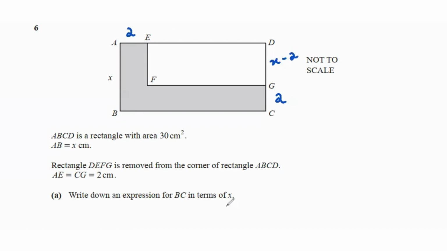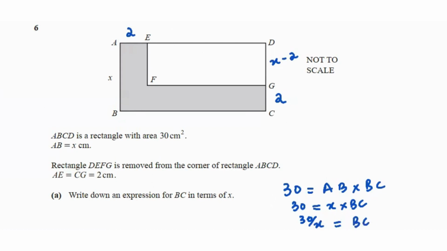Write down an expression for BC in terms of x. So since the rectangle ABCD has an area of 30, that's going to be AB times BC. AB is given as x. So which means 30 divided by x is your BC. That is the expression.